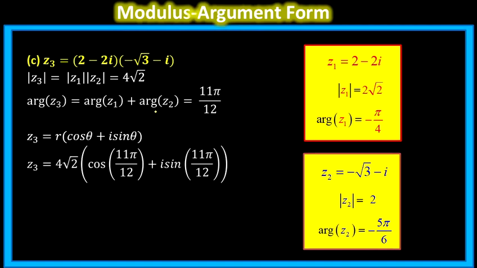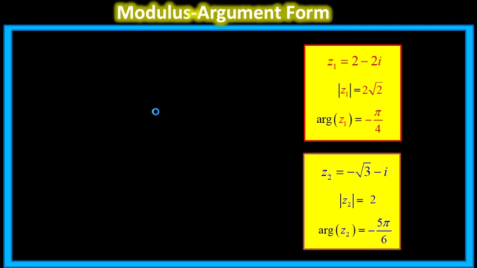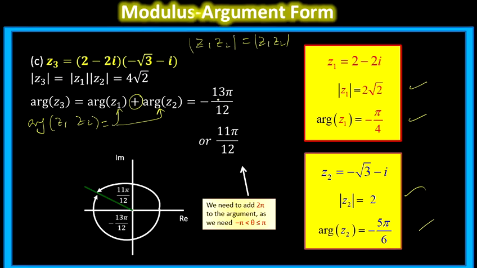Plug in the values. One thing, I think I went very fast about this. Wait. This was negative 13 pi by 12, and that is more than 1 pi, more than negative pi. So when you are moving clockwise, more than negative pi means you are in the second quadrant somewhere here.